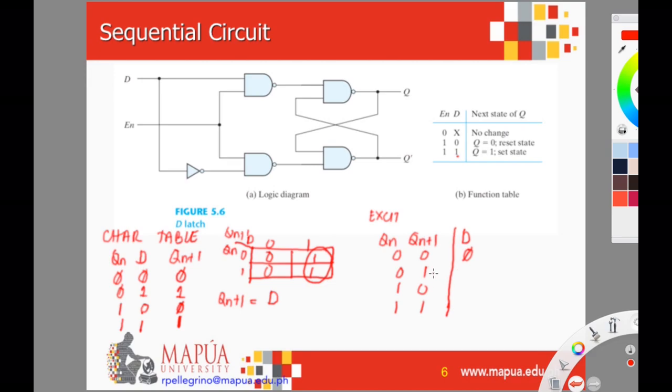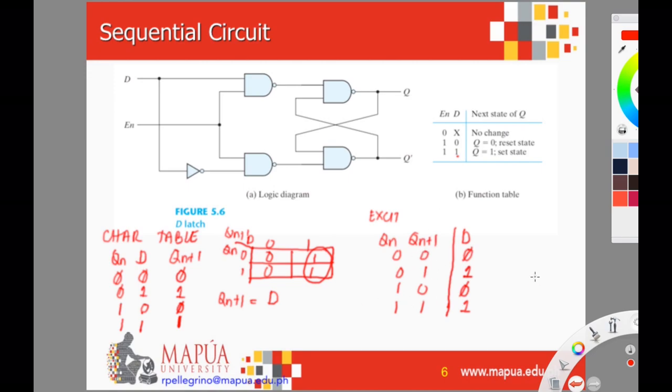If you have 0 to 1, the value of D is equal to 1. If you have 1 to 0, the value of your D is 0. If you have 1 going to 1, the value of that is 1. Which means whatever your D input, that will be your next state.